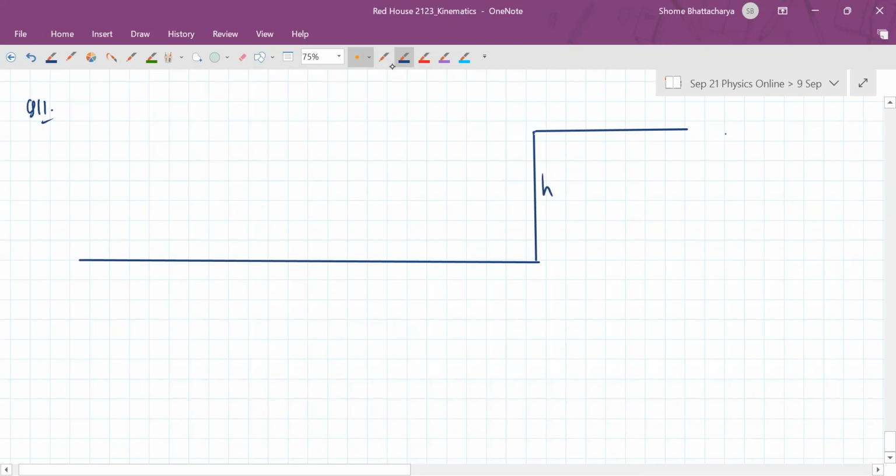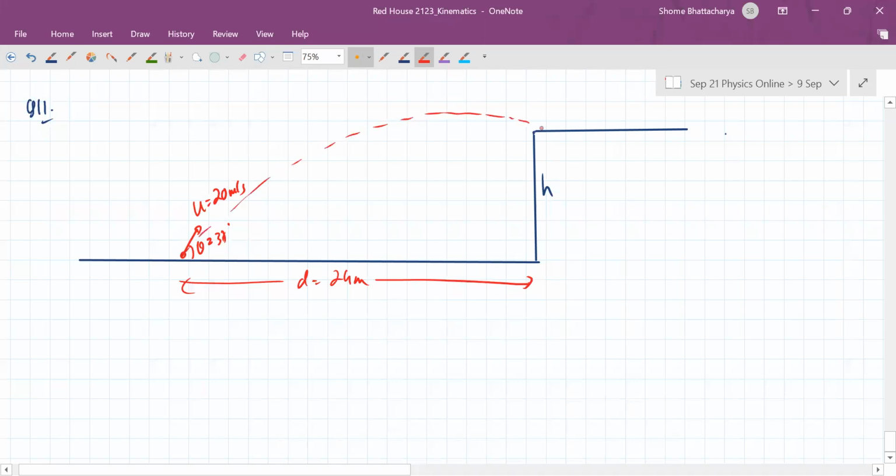Let's say the height of this building is unknown, but we are projecting an object at a speed of 20 meters per second at an angle of 37 degrees at a distance of 24 meters. It lands on top over here.